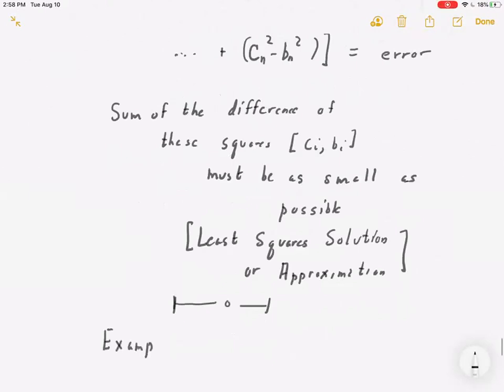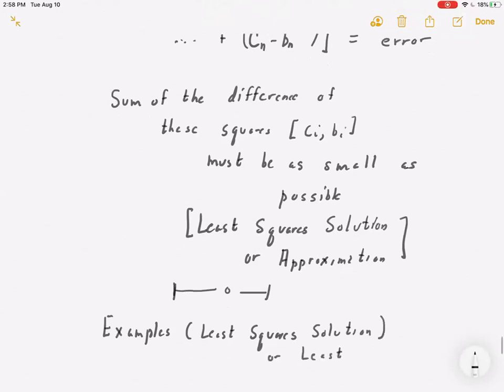And we'll come back and look at two examples of the least squares solution scheme, or the least squares approximation.